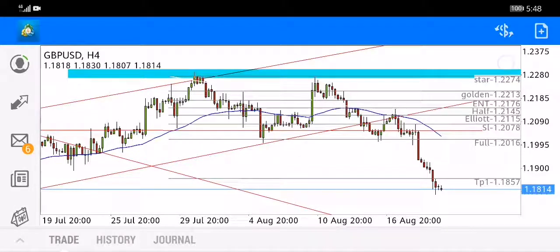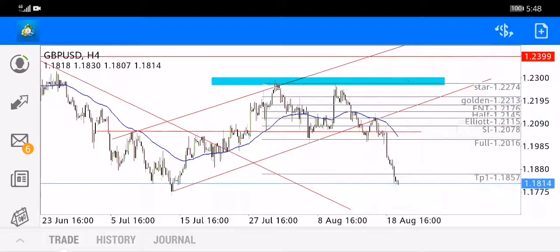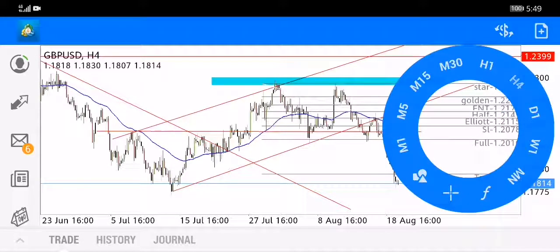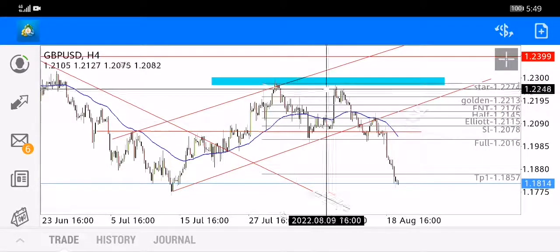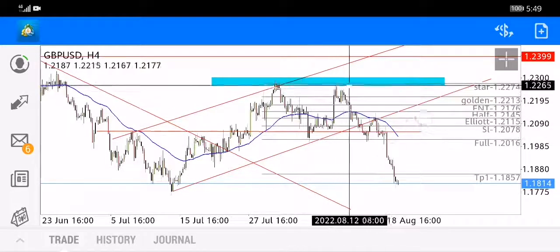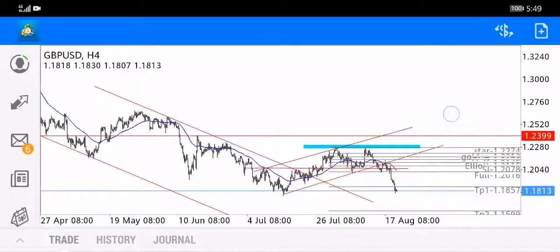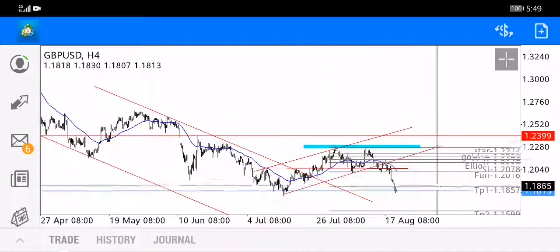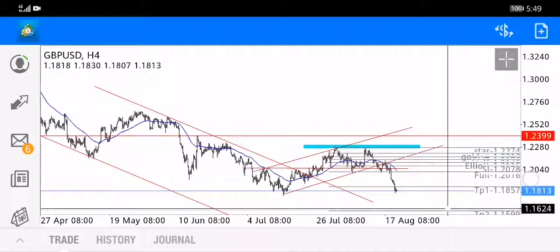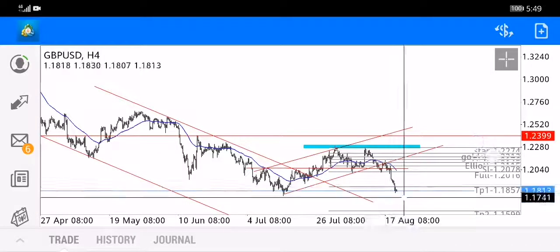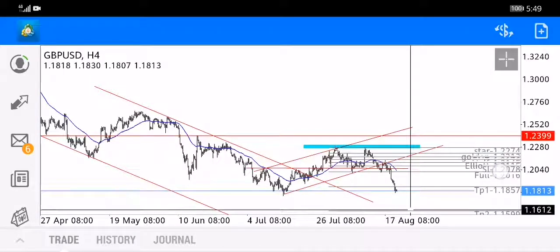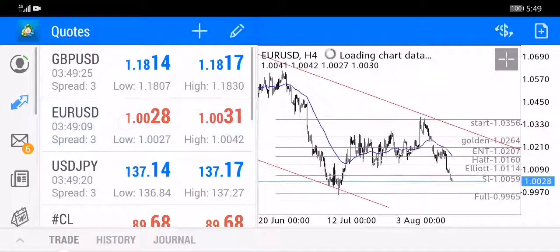If we draw the Fibonacci retracement on this double top pattern, then our next take profit limit is at the 1.16 level. So I think in the upcoming days it will continuously go in the bearish direction and our next target is 1.1600.